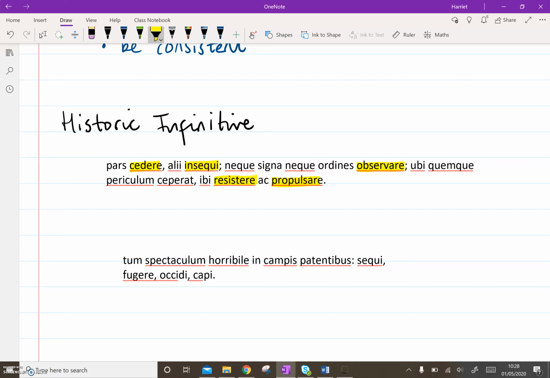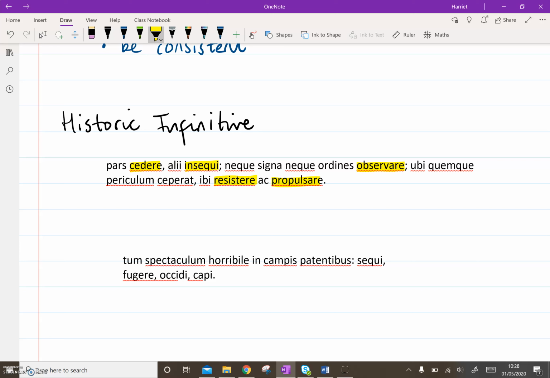You've got a series of infinitives, and these are often used to pick up the pace, to make things more dramatic. It creates more of a sense of a list of things going on. A lot of what you read will be scenes of war, so making the pace quicker and more dramatic will be a common feature. So historic infinitives will often be used.